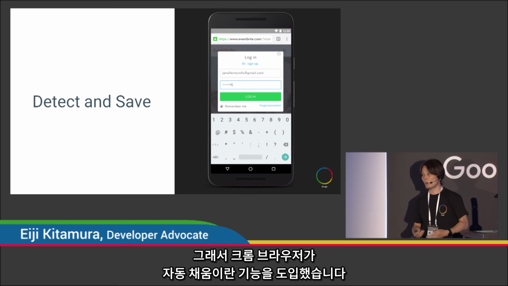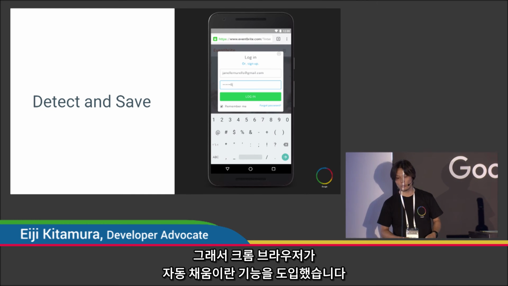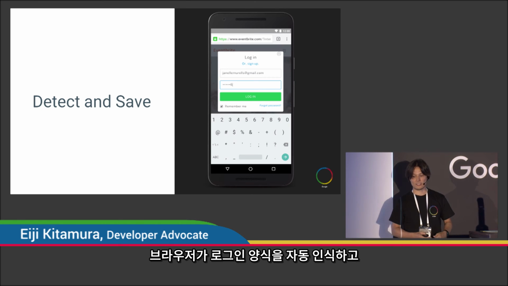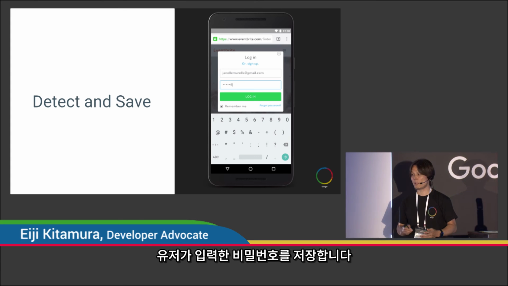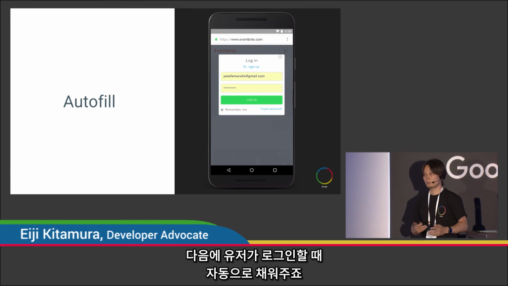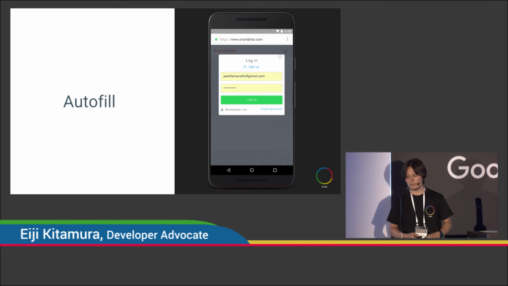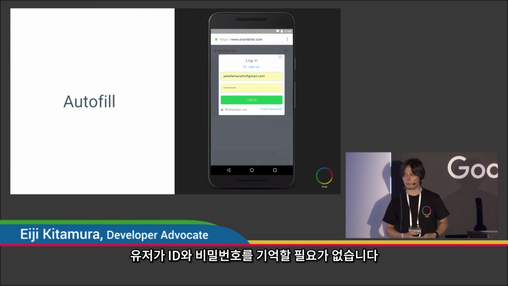That's why Chrome and browsers came up with a feature called autofill. The browser automatically detects the form for sign-in and saves the password that the users have entered, and autofills next time they come back. So users won't need to remember ID and password by themselves.